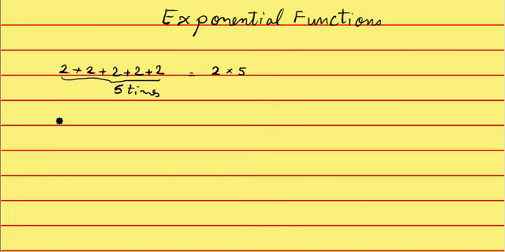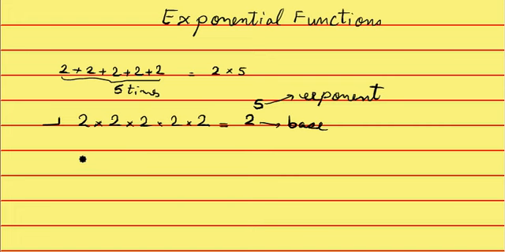Well, what if you have repeated multiplication? What if you have a number like 2 times 2 times 2 times 2, and again one more round. If you are multiplying a number by itself a whole number of times, you can use the exponential notation, say 2 to the power of 5. In that case, this is referred to as the base, and this number, which is the number of repetitions, is referred to as the exponent.